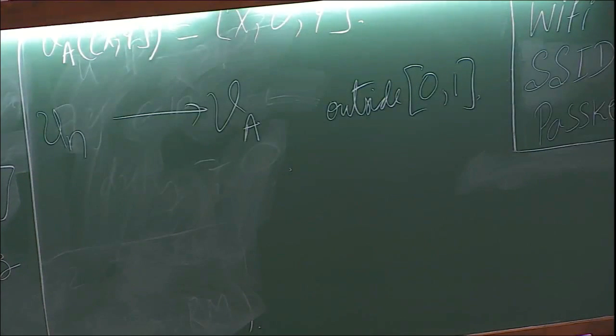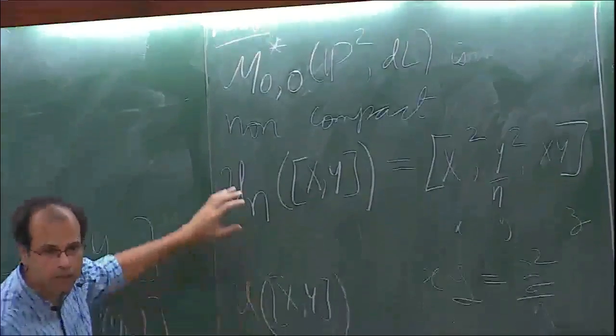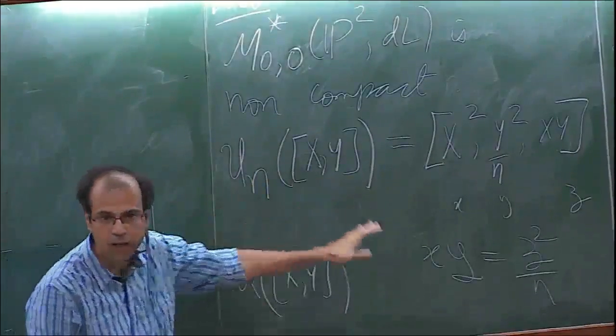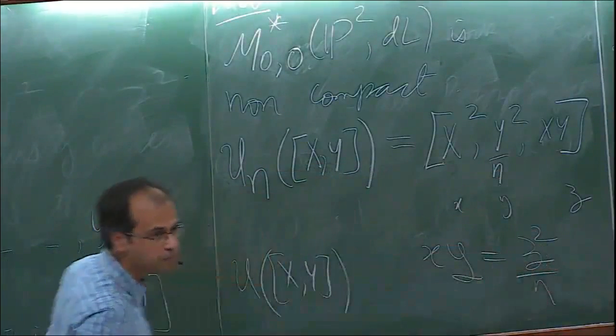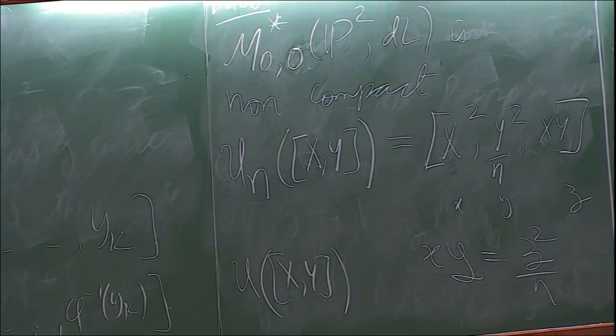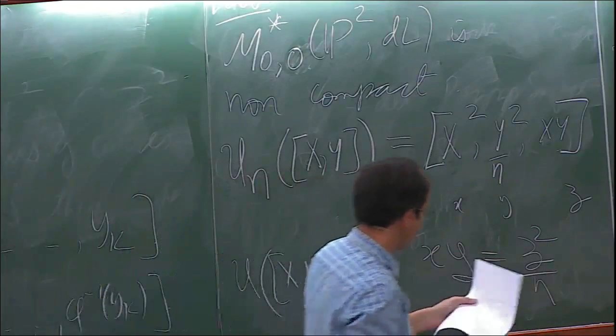And similarly, I can do a rescaling. Remember we are looking at reparameterizations. By the way, what I meant to say is that not only can UN not converge to anything, even after reparameterizations UN cannot converge to anything. That is what this example is supposed to illustrate. So let's look at this UN, but in a different guise: I reparameterize.